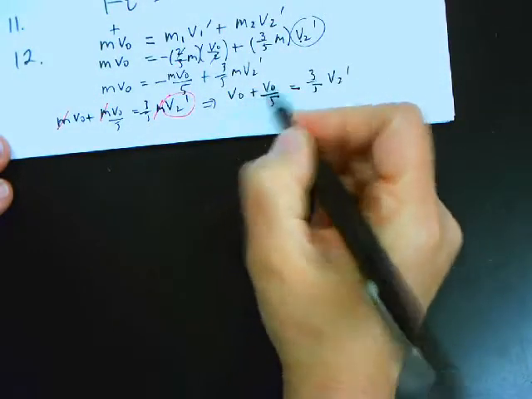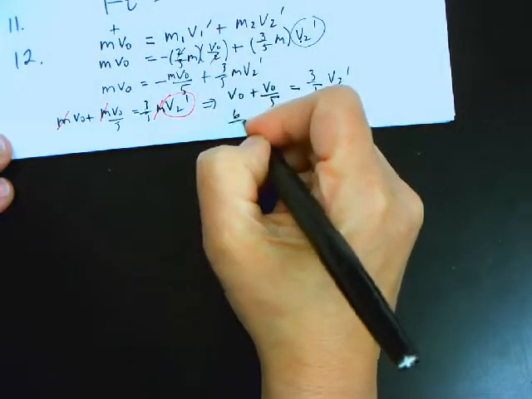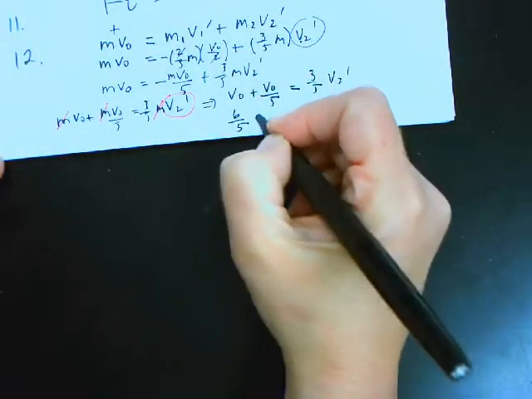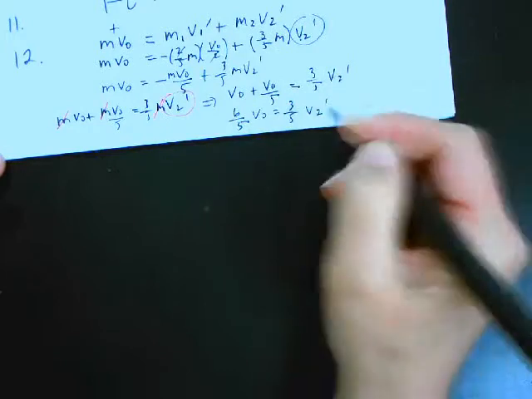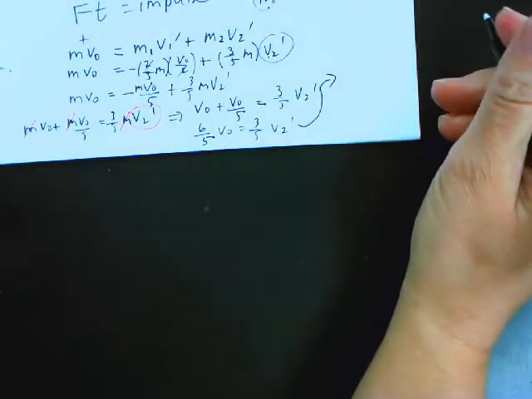So if I added this together, 1 plus 1/5 is 6/5. So 6/5 V naught is equal to 3/5 V2 prime. And then you just continue to do this and solve for V2 prime.